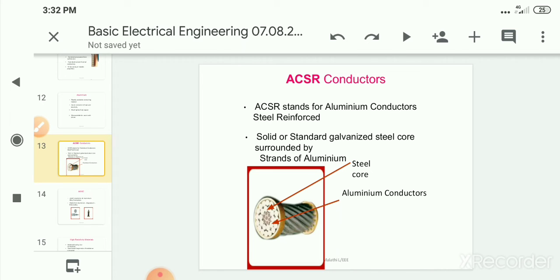Here is a cross section of our ACSR. In this picture we can observe that aluminum is used at the outer side and the galvanized steel core is used inside.